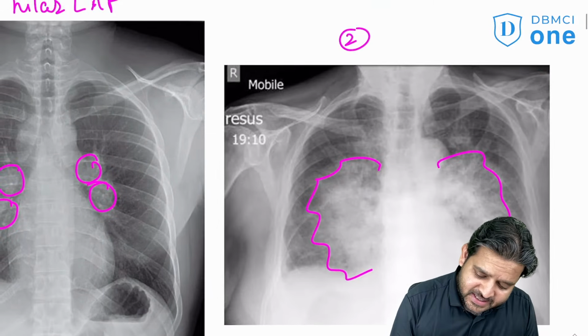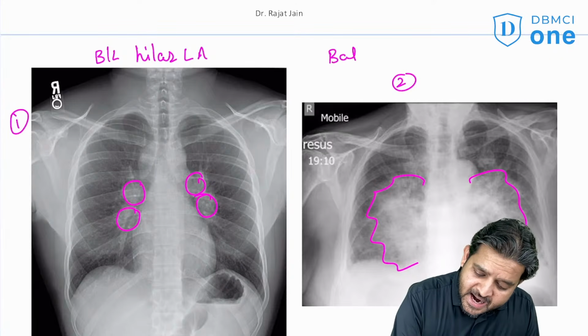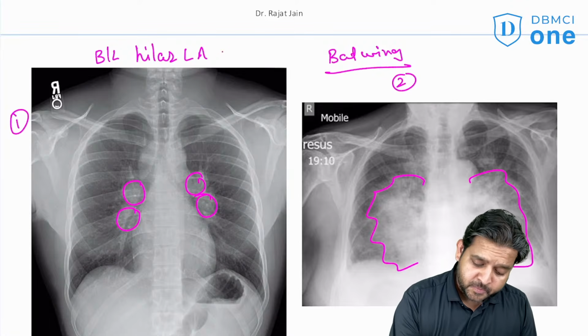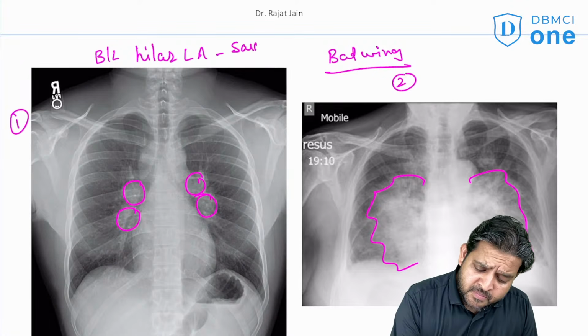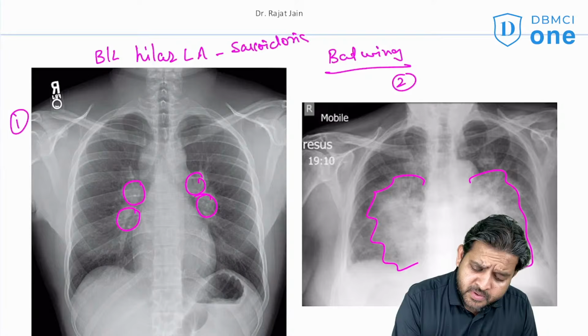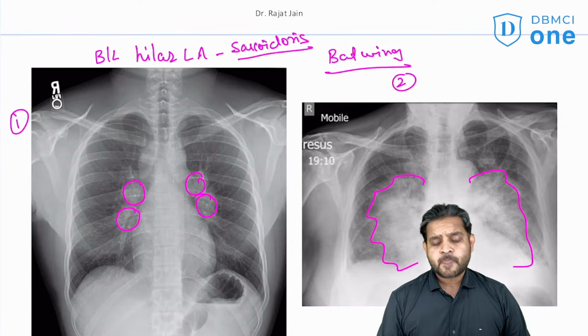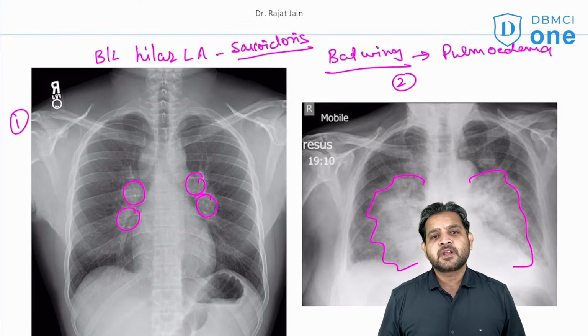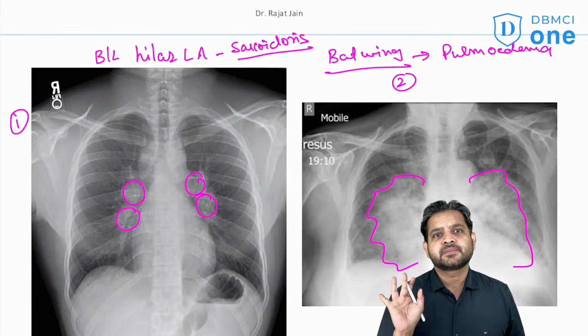This is a classical bat wing appearance. Bilateral hilar lymphadenopathy in exams most of the time will be a feature of sarcoidosis, and bat wing appearance will be a feature of pulmonary edema, right?